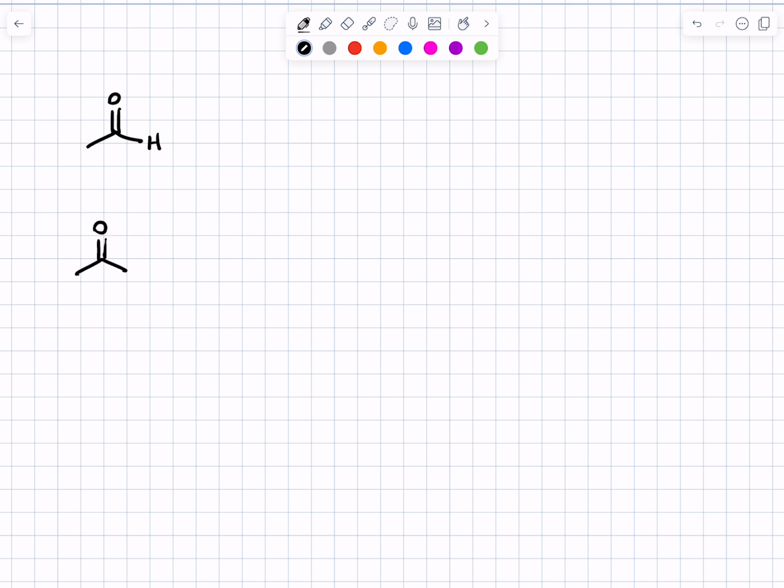In the presence of water, these two are in equilibrium, in very small amount, with something that looks like this. This is called an aldehyde hydrate, because we've basically added water to the aldehyde. There's one hydrogen and there's the OH group.